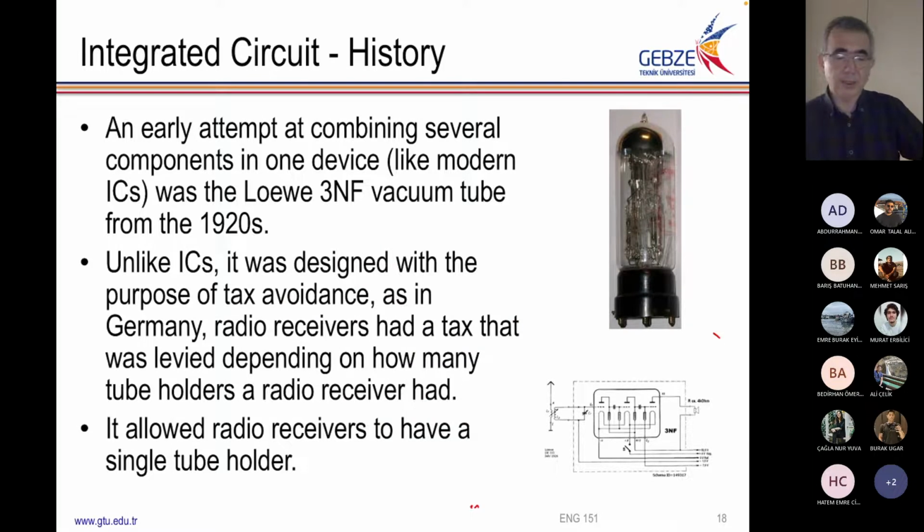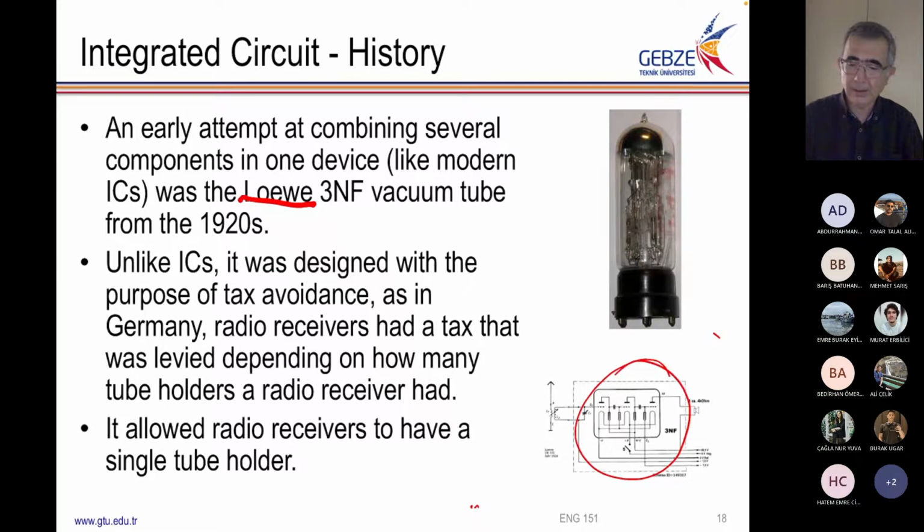It wasn't a new idea. It was the idea coming from vacuum tube time. In the vacuum tube time, German brand Loewe thought that instead of producing 3 tubes and selling 3 tubes for a radio receiver, let's produce them in one tube, but 3 different tube circuits.